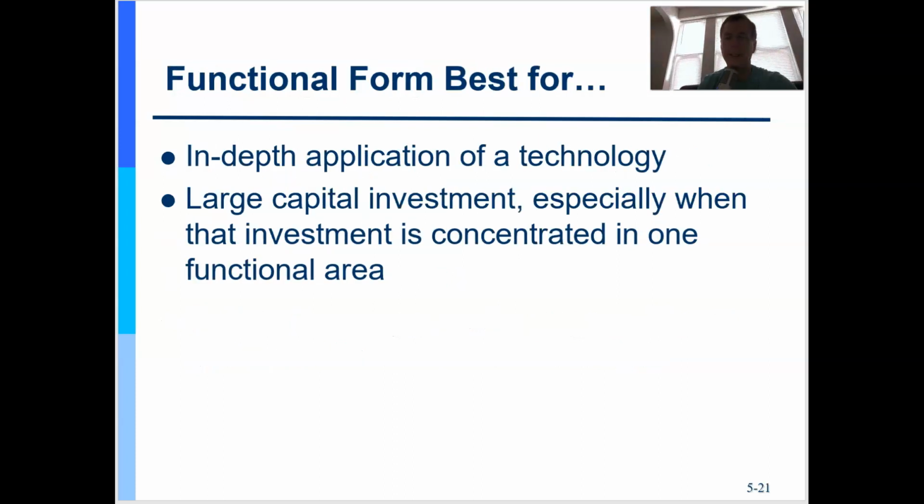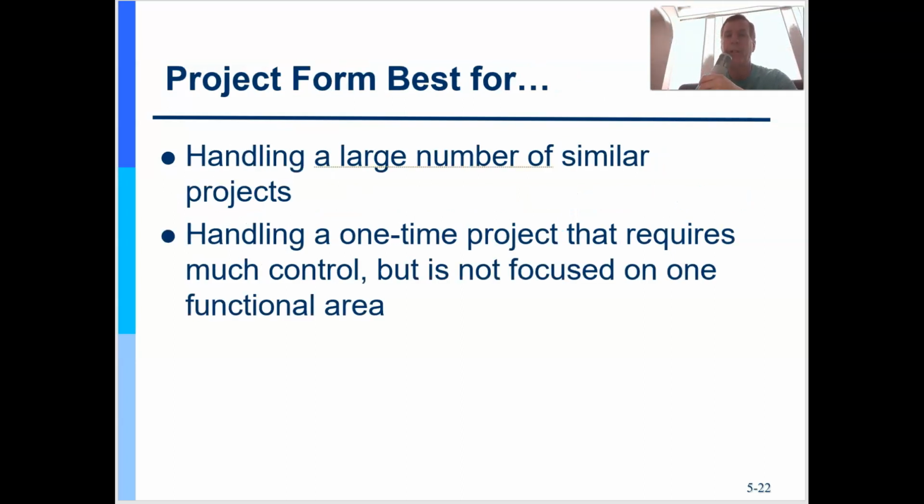They're going to select the type. So a functional project team organization may be best if you have in-depth application of technology. In my Air Force career, that was exactly the case, and a functional organization worked best. Also for large capital investments, if it's all focused in one area.